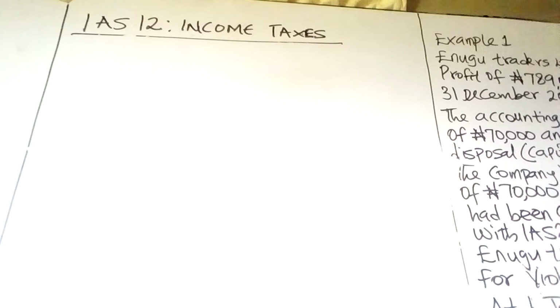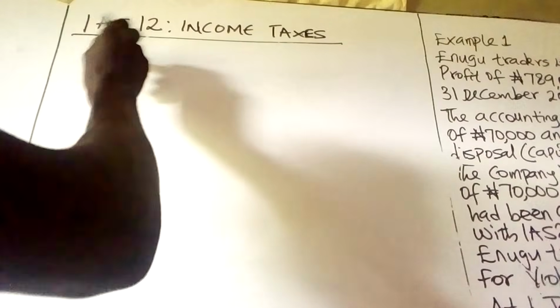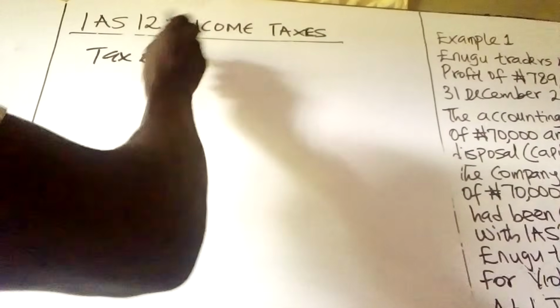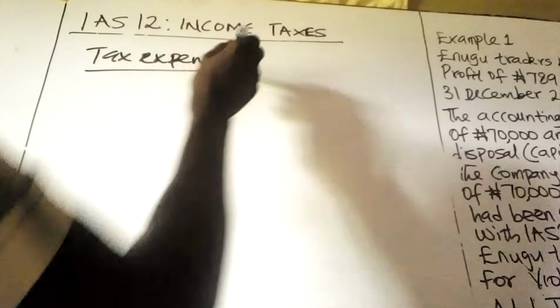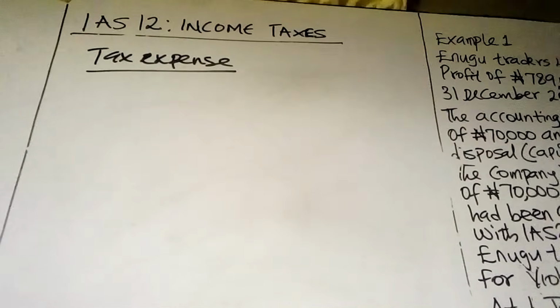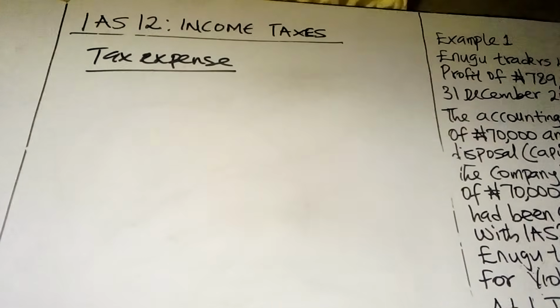So tax expense. The determination of the amount of tax that will be charged as an expense in the statement of profit or loss. The amount of tax that will be deducted in the statement of profit or loss to arrive at the profit for the period.